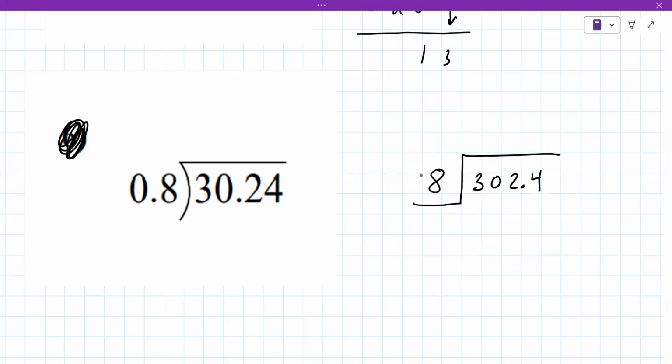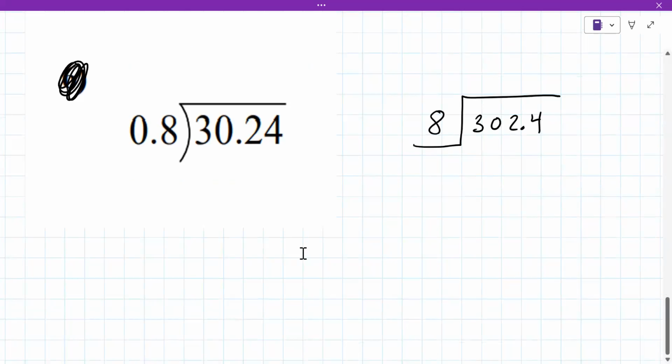Eight plus 16. 43.4. 8 does not go into 34 times. 8 goes in 3 times.